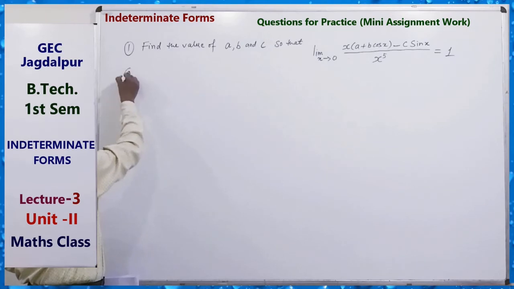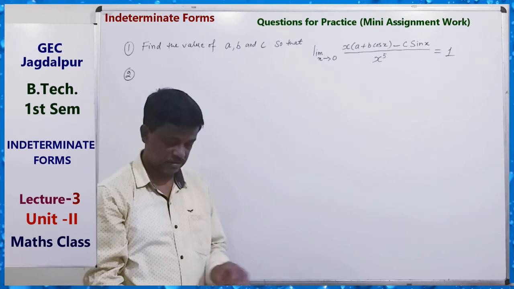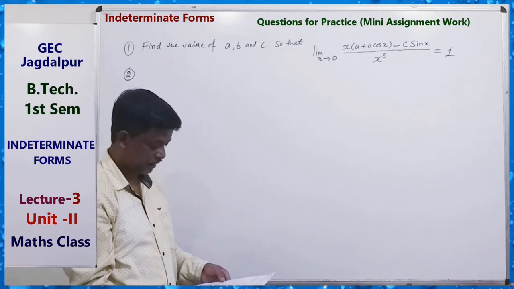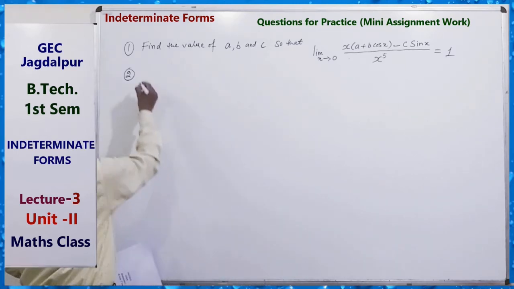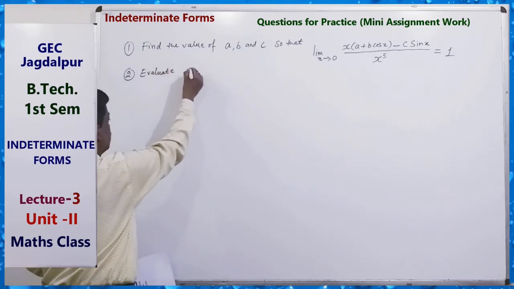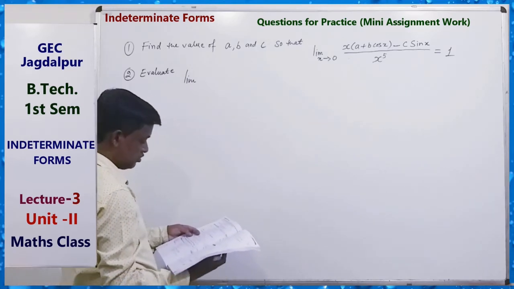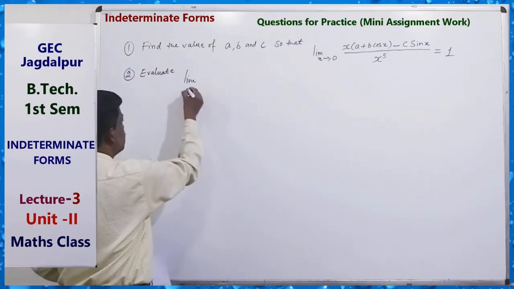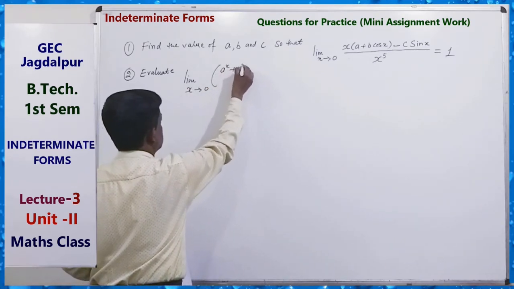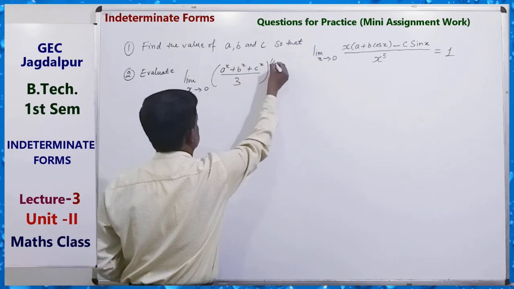Okay. Second question. Evaluate the limit as x tending to 0 of ((a power x plus b power x plus c power x) upon 3) power 1 by x.